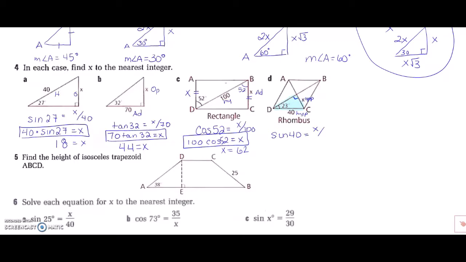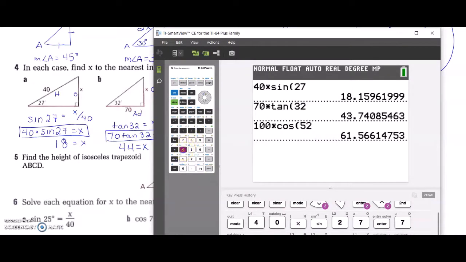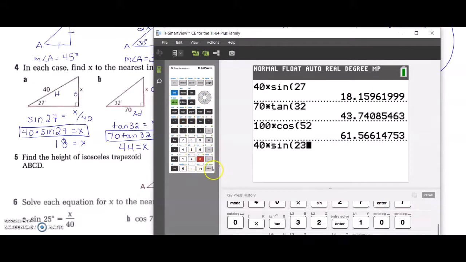Sorry, did I actually do that? Be careful, don't confuse the angles and the lengths. The sine of 23 degrees is x over 40. So then solving for x, we can multiply both sides by 40. That is my calculator ready form. And 16.